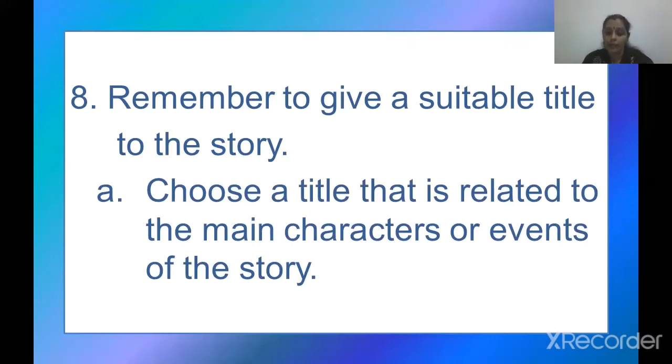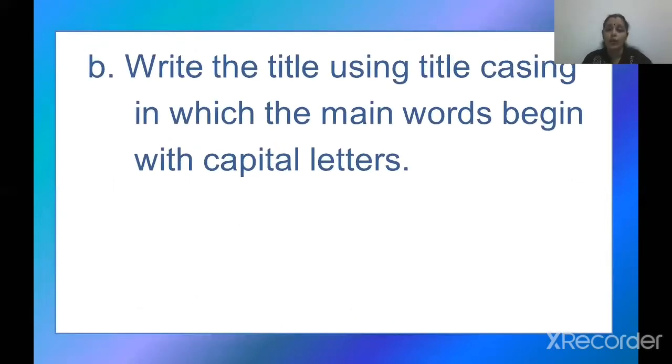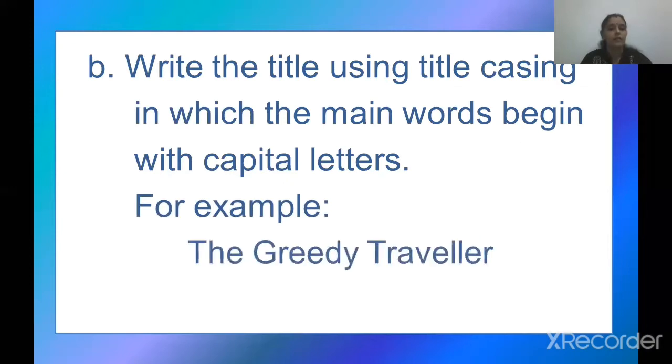Now, even while writing the title, you need to keep in mind that you have to use title casing, in which the main words begin with capital letters. So when you're writing the title of the story, the main words in the title begin with capital letters. For example, if I give the title as The Greedy Traveler, right?